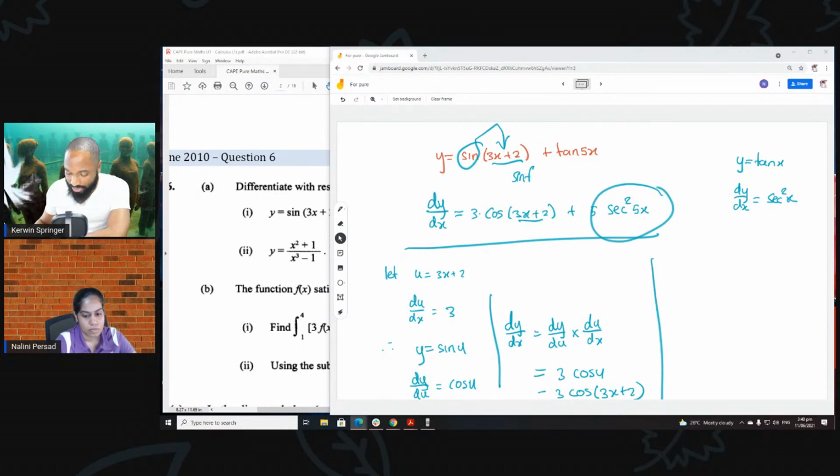So the only thing we need to realize is that we also need to multiply by the differential of this function. This section here was just to show how, if you're using the chain rule, you'd get this answer. But you see how excessive this is.